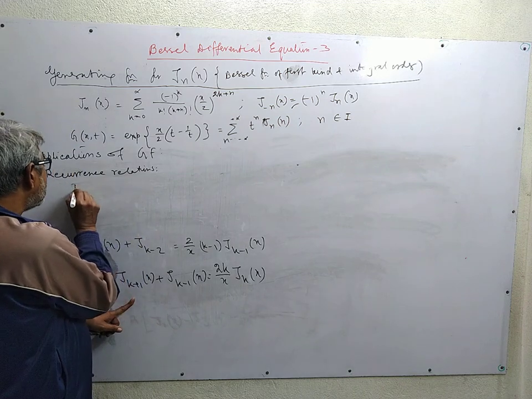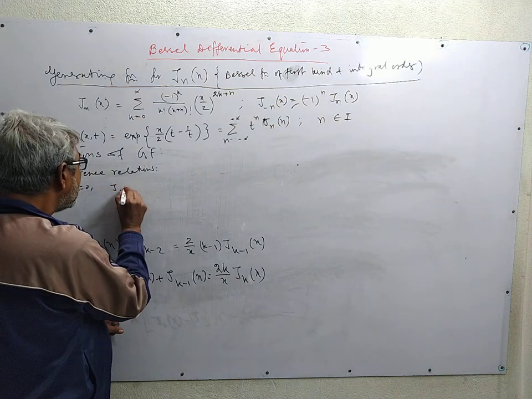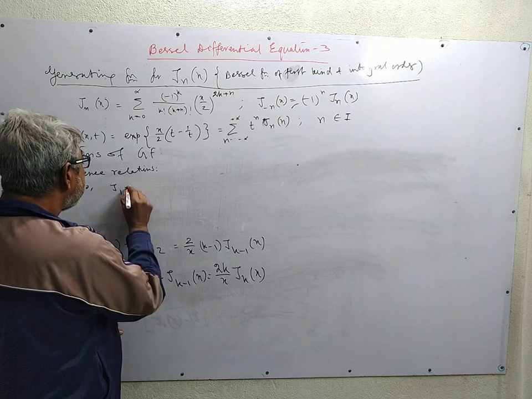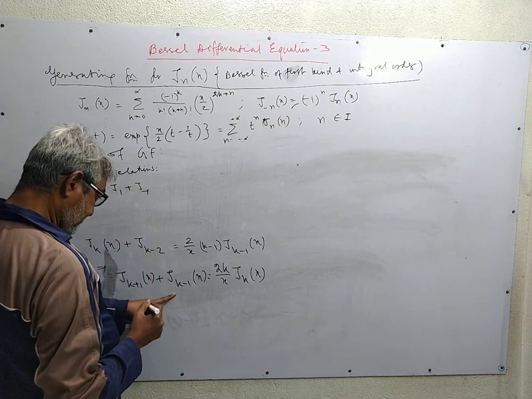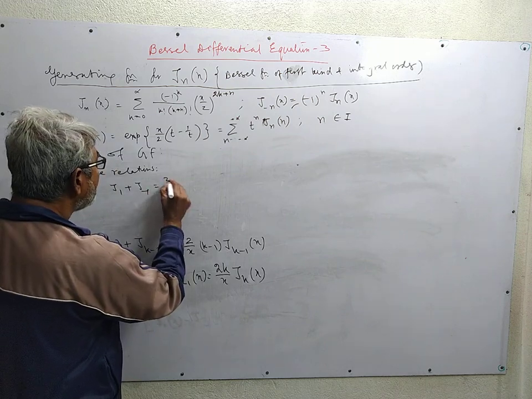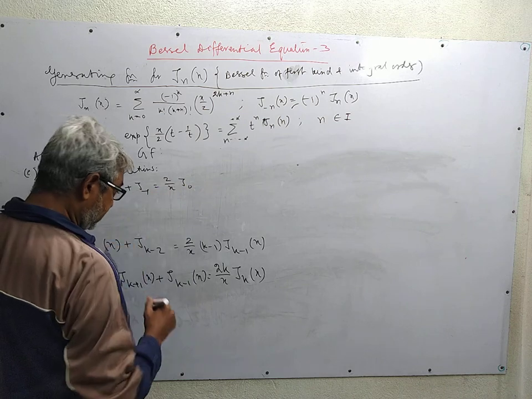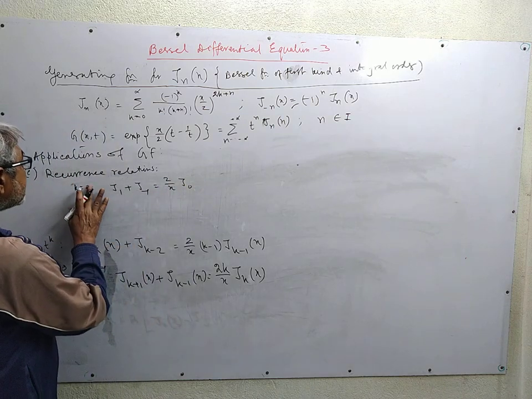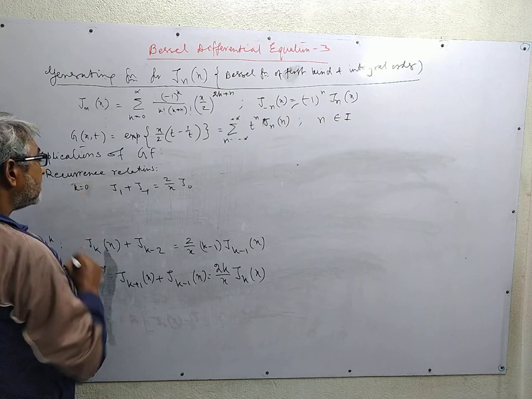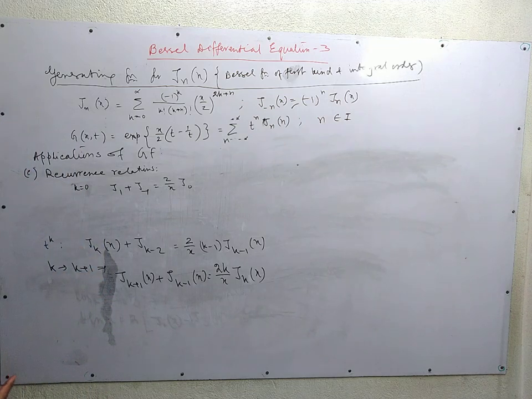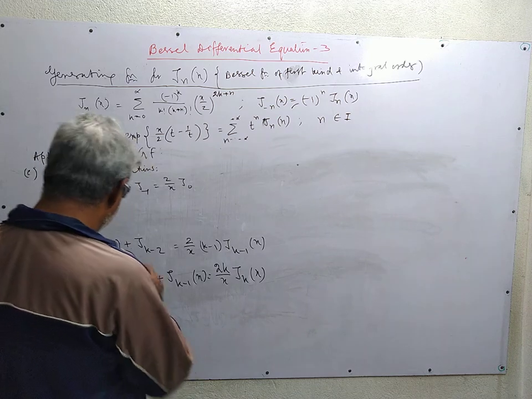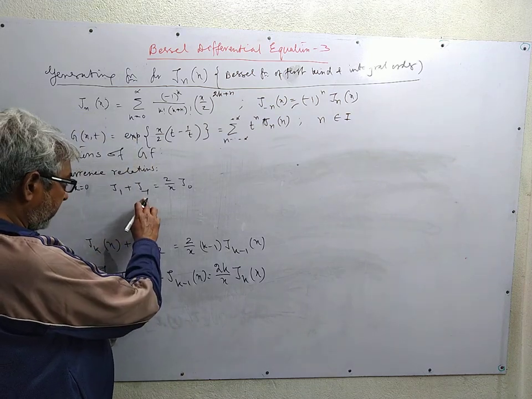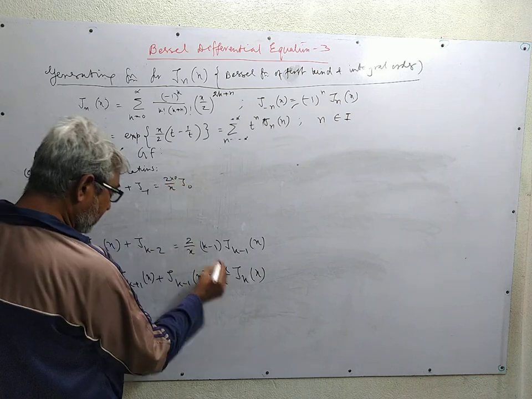If we put k is equal to 0, the left hand side gives j of plus 1 plus j of minus 1, and on the right hand side this is 0 as k is equal to 0.